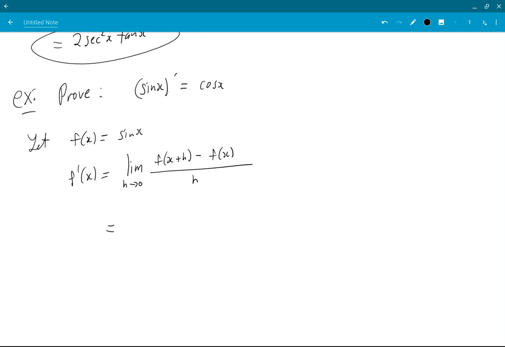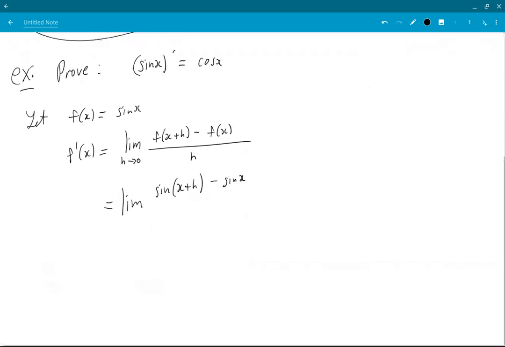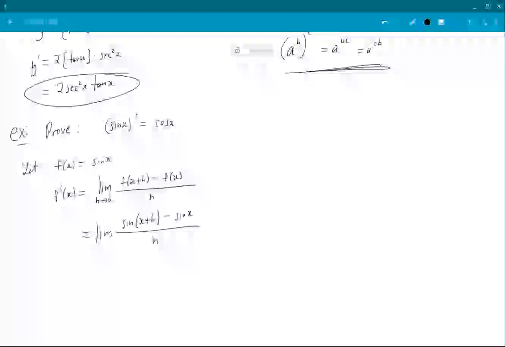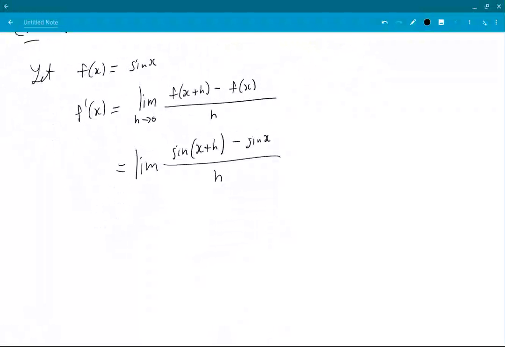What next? All right, what is f? f is sine, so we get sine of x plus h minus sine of x, over h. Sorry. Now what? Now I'm going to have to use a fancy trig formula, which I do not have memorized.